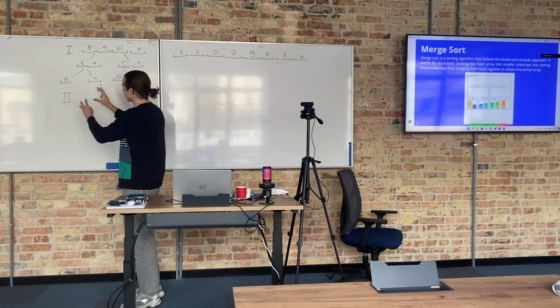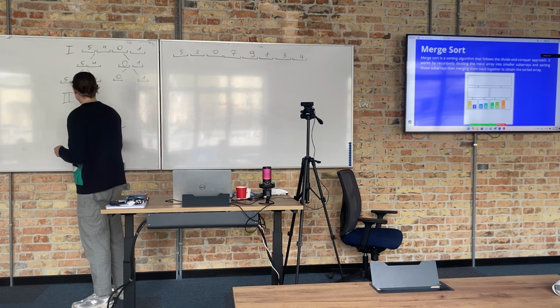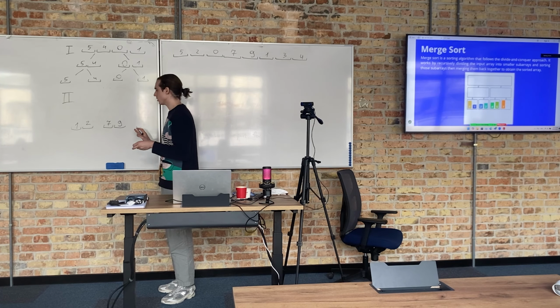And then merge. So we divided those elements, and now we need to merge them. Merging is a very simple concept where, for example, we know that we have two sorted arrays, for example 1, 2, 7, 9, and we need to merge those arrays.